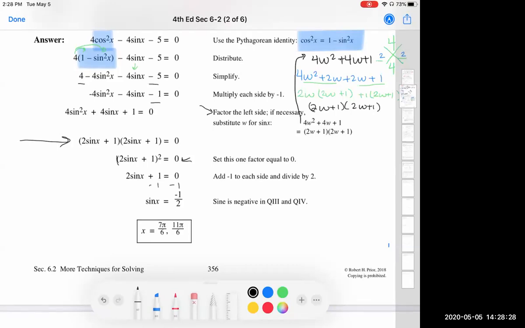We're left with sine is negative 1/2. So when is sine negative 1/2? Sine is negative in quadrants 3 and 4. So then we're left to see in quadrants 3 and 4 where sine is 1/2, and we see that sine is 1/2 at 7 pi over 6 and 11 pi over 6.